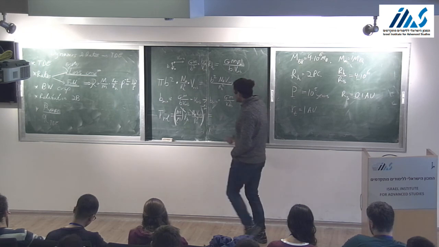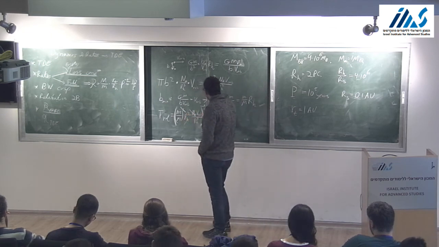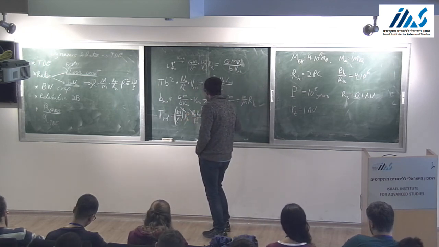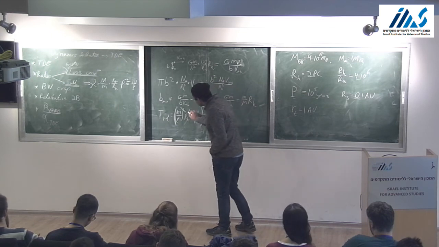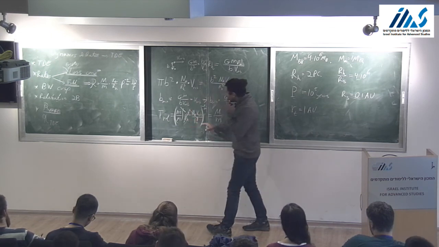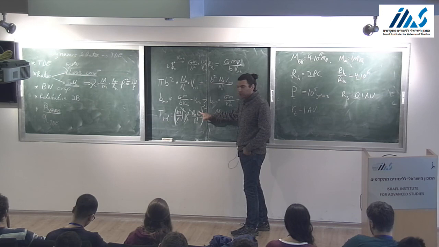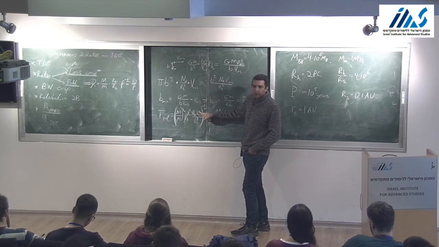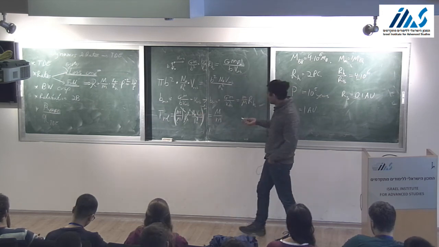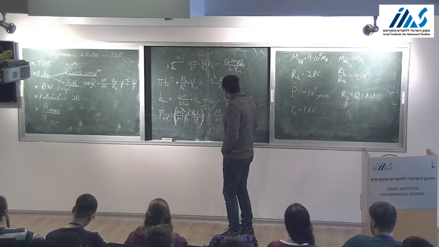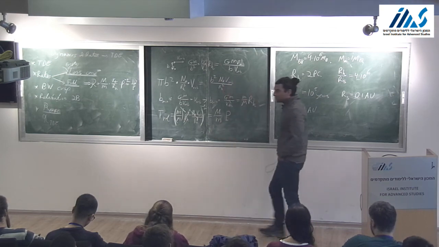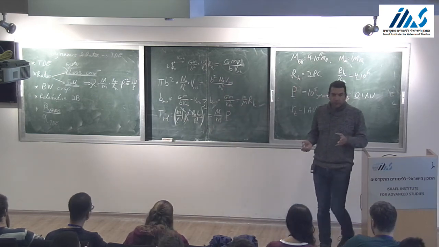So what I have here is M over m to the minus 1, and then I have RH over V orbit, which is what? P. So this is basically the relaxation time.